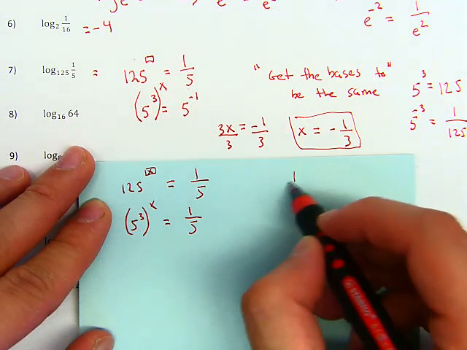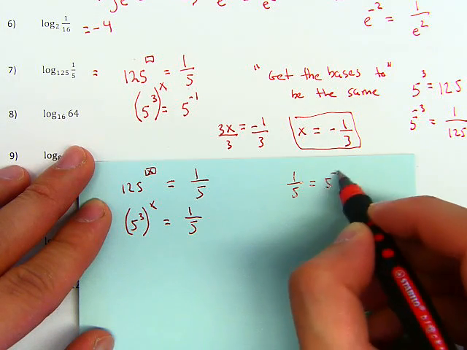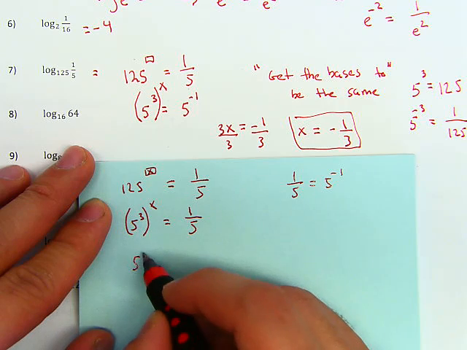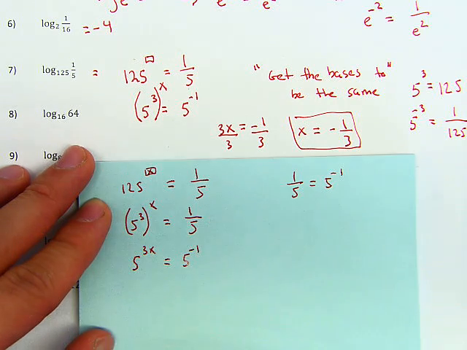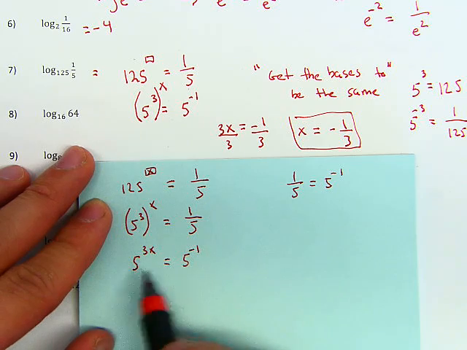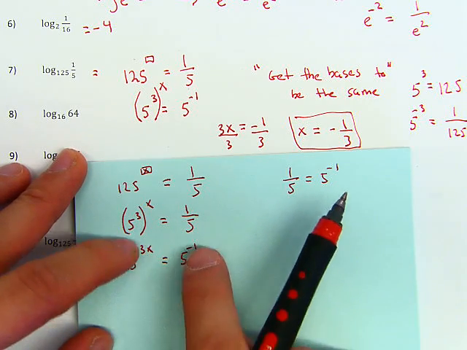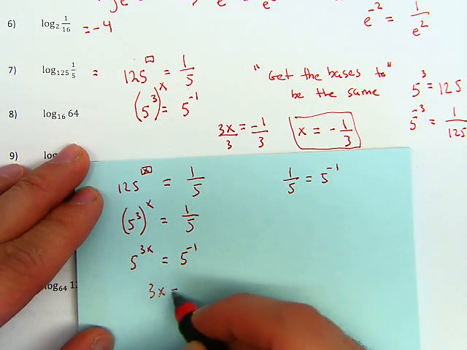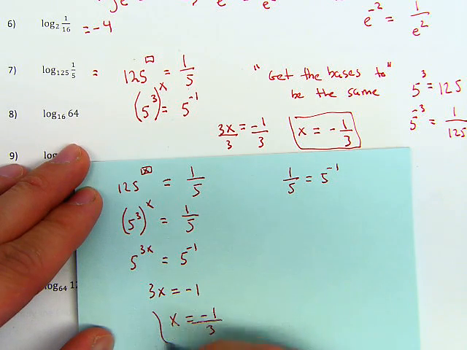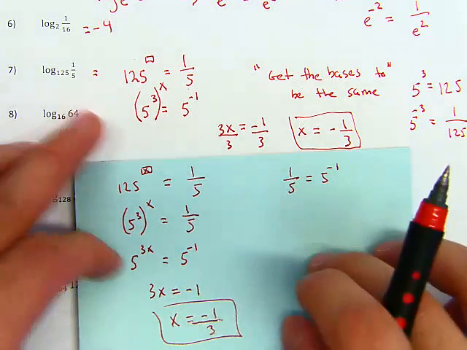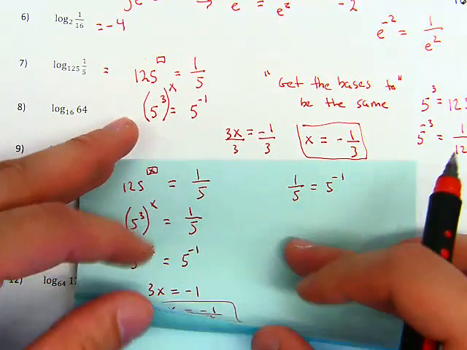But I know 1 over 5 is the same as 5 to the negative 1. So then I have 5 to the 3x is equal to 5 to the negative 1. And now here, because the bases are the same, you're allowed to say that the exponents are equal, and then x is negative 1 over 3. Okay? Let's try and do the next one.